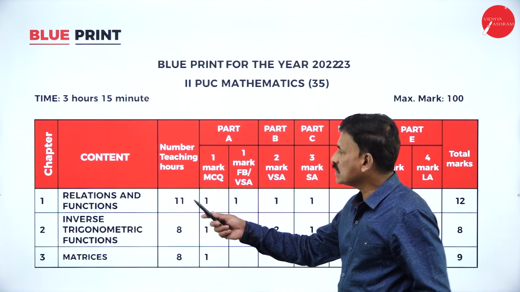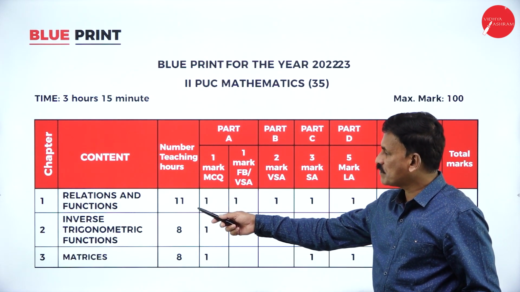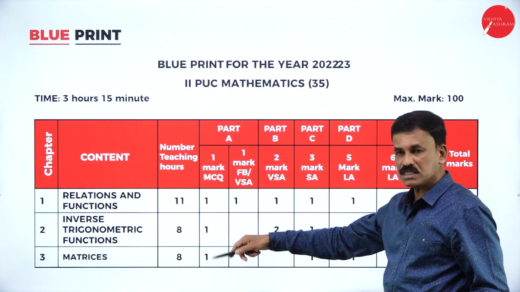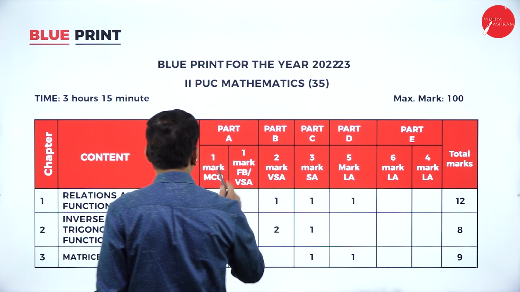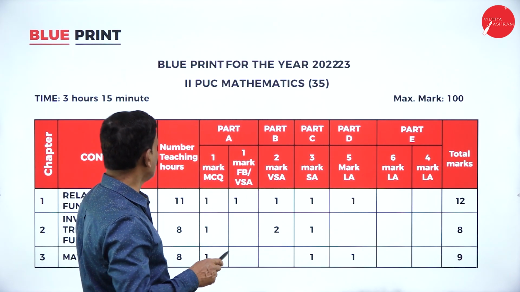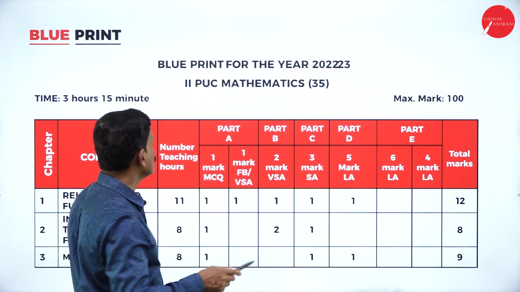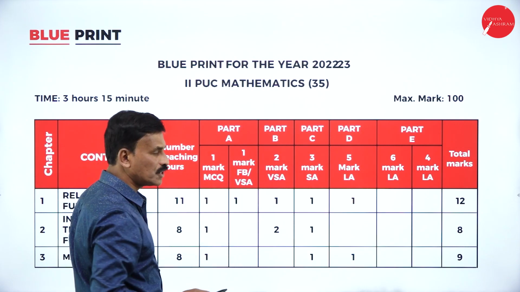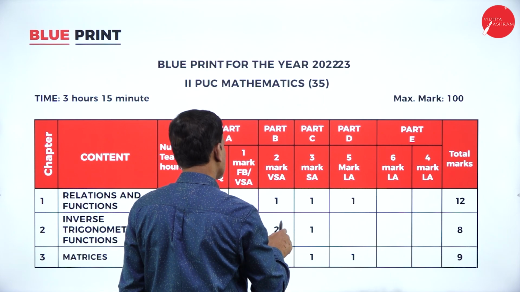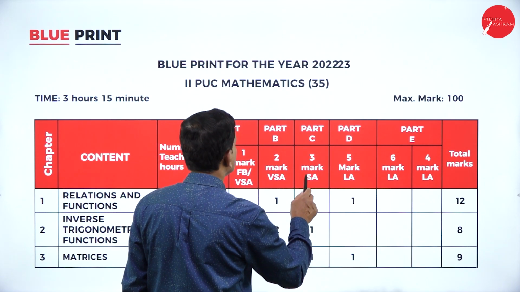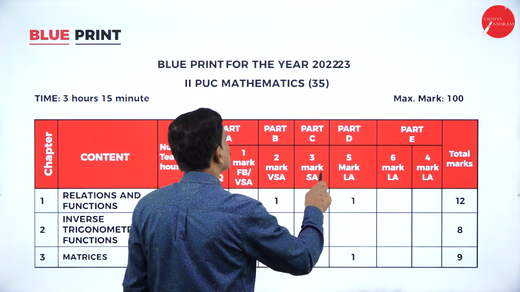So the contents here, as you know, are relations and functions, inverse trigonometric functions, and matrices chapters. Here the number of teaching hours are 11, 8, and in part A you are going to get MCQ questions as well as very short answer questions, and in part B 2 marker questions, that is very short answer questions, and 3 mark questions, short answer.